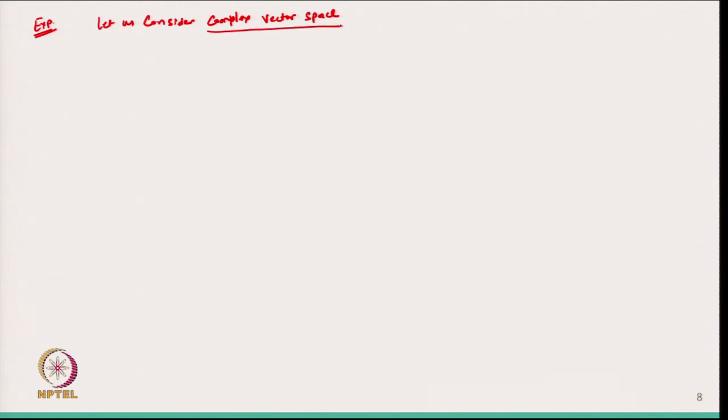Complex vector space means the vector space we define on the complex numbers C. So, instead of the field of real numbers, we are taking the field as the set of complex numbers. So, in this case we are taking this one.